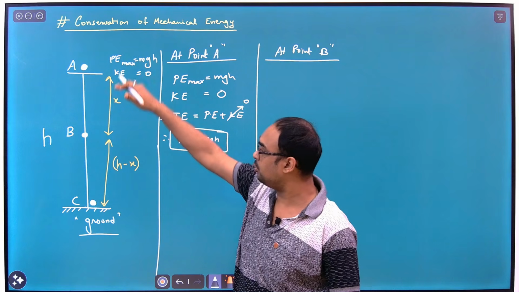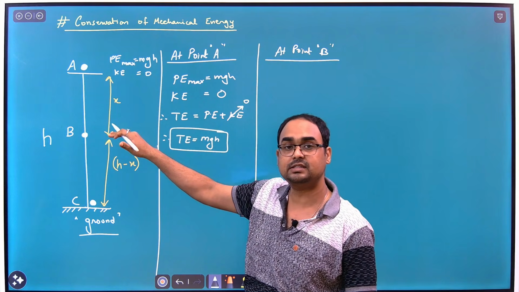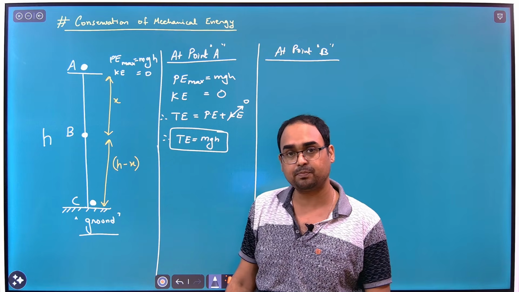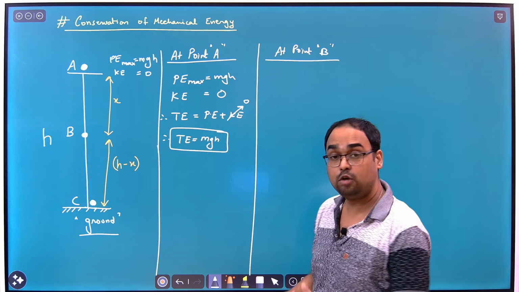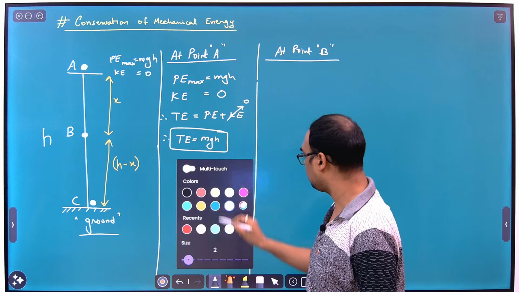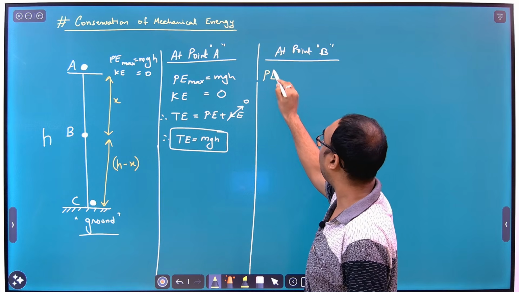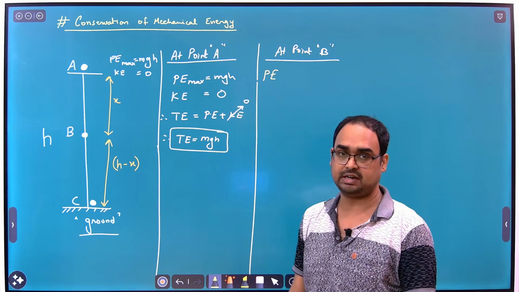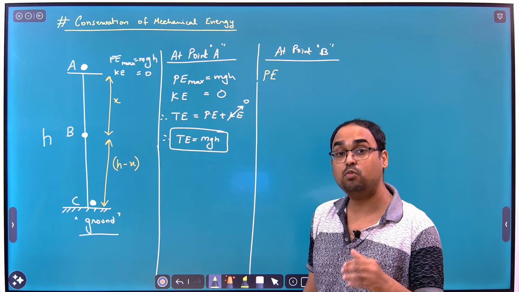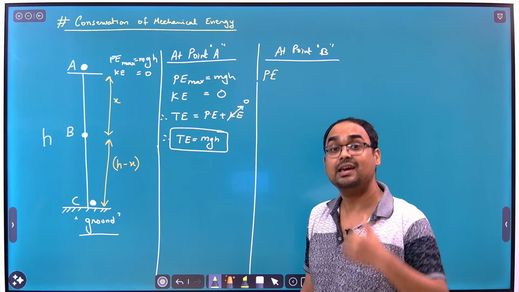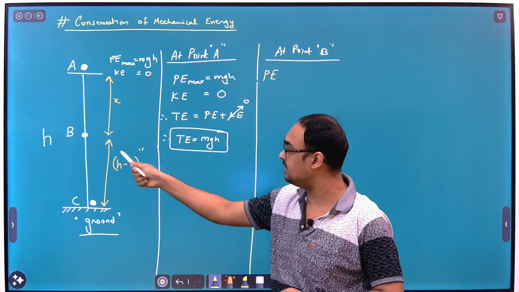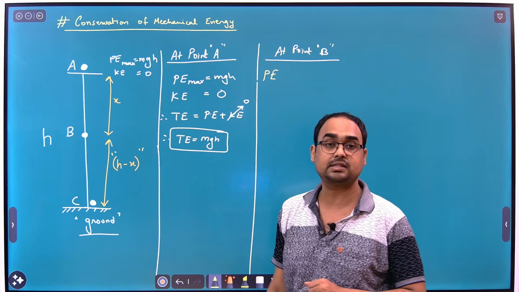We always consider potential energy on the basis of how much distance is left to be traveled. Potential energy is calculated on how much height is still left to be traveled. In this case, that height is h minus x.